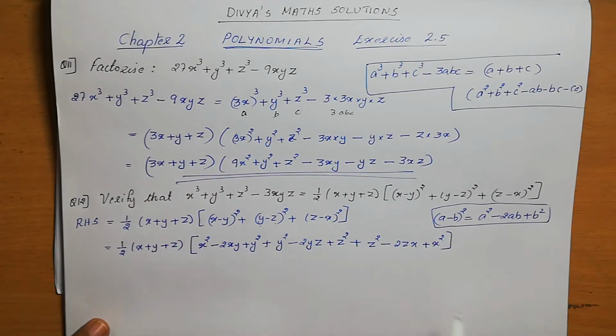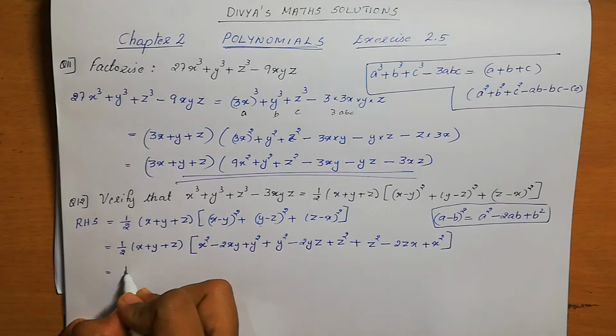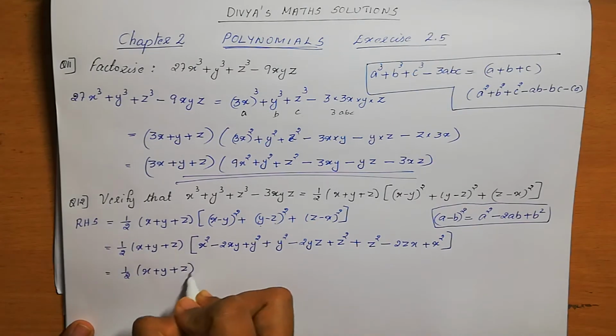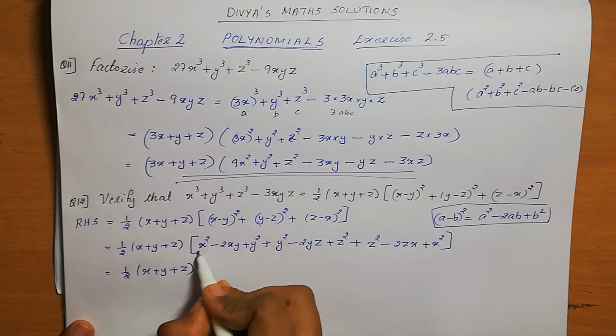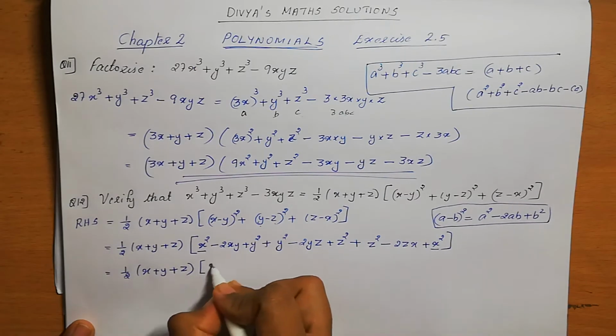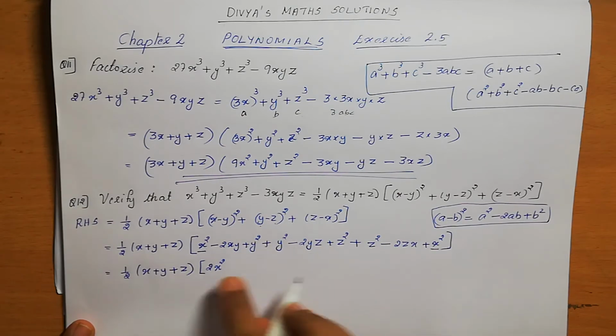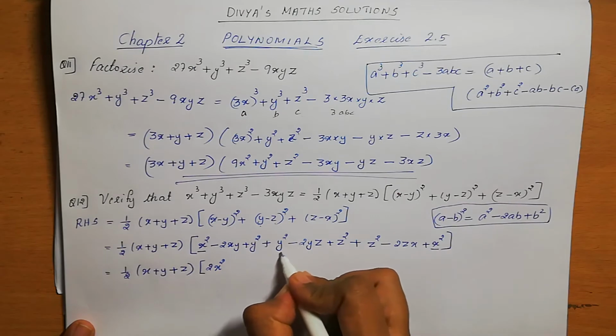Correct. So here 1 by 2 into x plus y plus z, this inside bracket we can simplify. X square plus x square is 2x square. Nothing will cancel, right? So that we can write the next square term first.